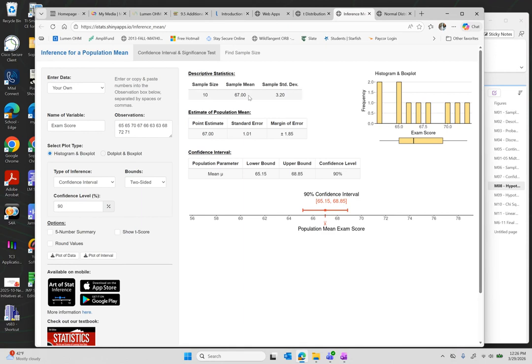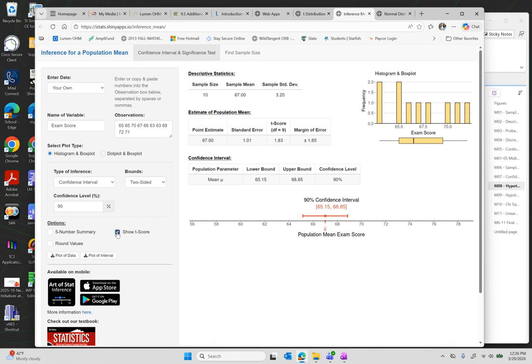The sample mean is the center of my confidence interval, and the standard error is 1.01 with a t-score of 1.8333, if you remember, and a margin of error, t-score times the standard error, of 1.85. So it created this confidence interval for me, which is 65.15 to 68.85.